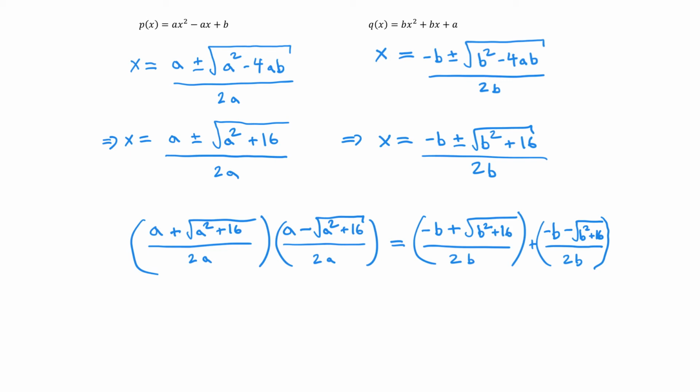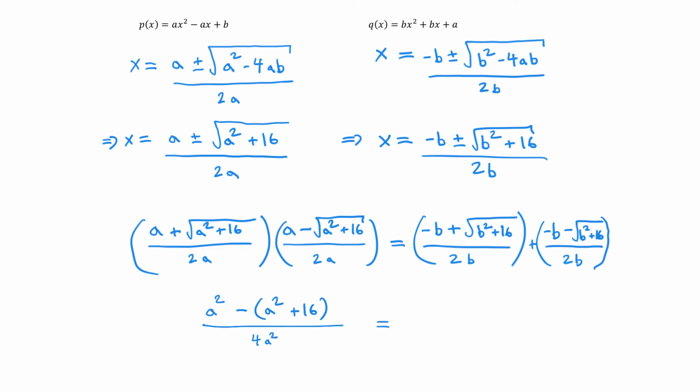So let's write this down. We have a squared, and then the difference of the other number, the square root of a squared plus 16, squared. So that's our other number that we have to take the difference of. And on the bottom, we have 2a multiplied by 2a, making 4a squared.